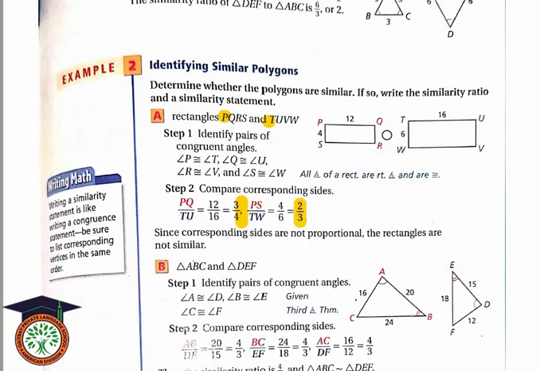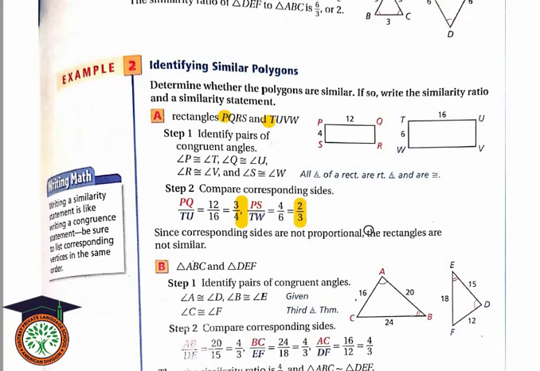Do I need to find the other sides? No, because it's a rectangle. QR is also 4 and UV is also 6, so I don't need to write it. So if the angles are corresponding but the side lengths are not proportional, the two polygons are not similar.